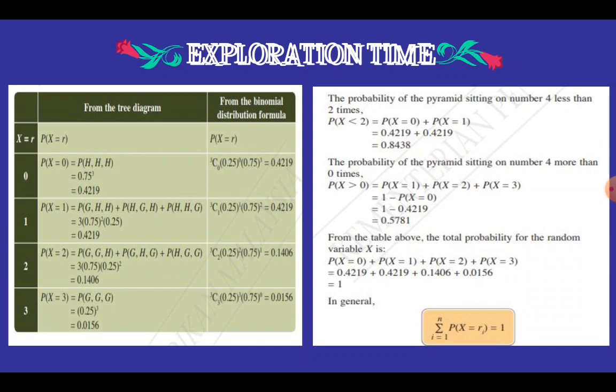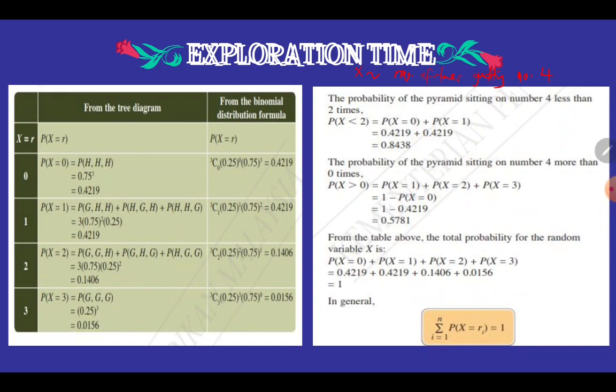So the probability when x is less than 2, remember x represents what? X refers to the number of times of getting number 4. So P(x less than 2) is actually the probability when x equals 0 plus the probability of x equals 1.